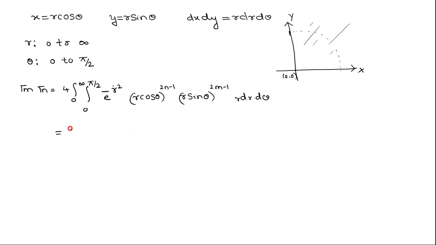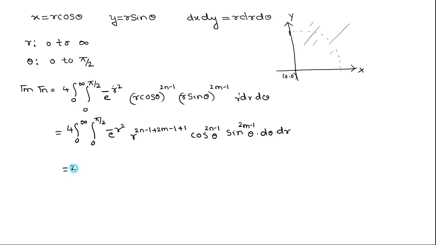So combining the powers of r, it is 4 times integral 0 to infinity, integral 0 to pi by 2 e raised to minus r square, r raised to 2n minus 1 plus 2m minus 1 plus 1, cos theta raised to 2n minus 1, sin theta raised to 2m minus 1, d theta dr.